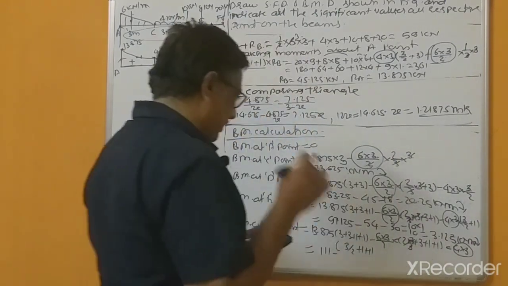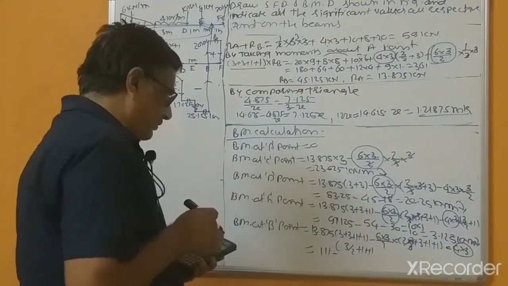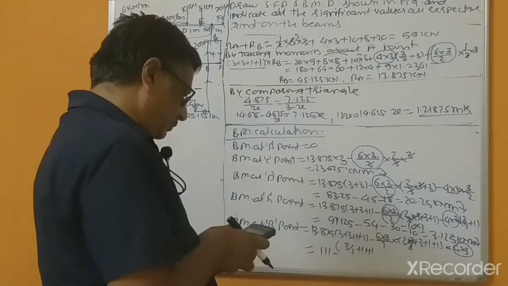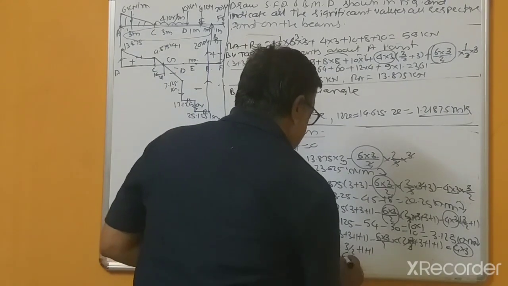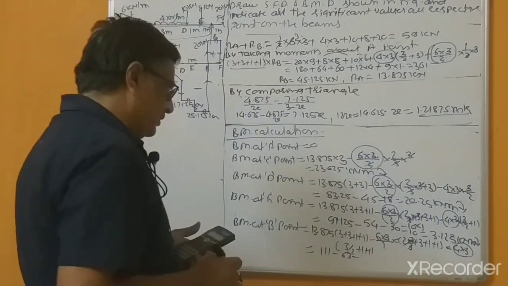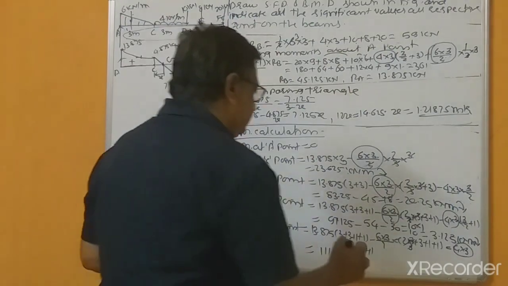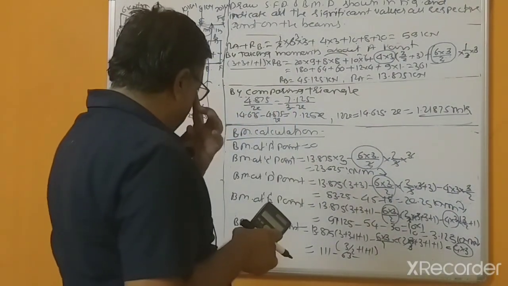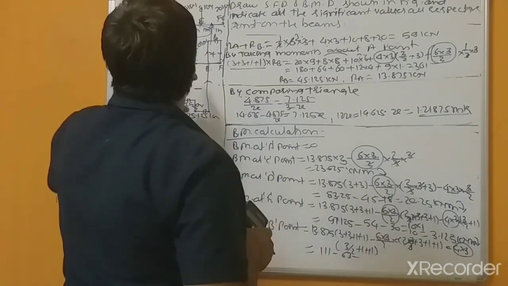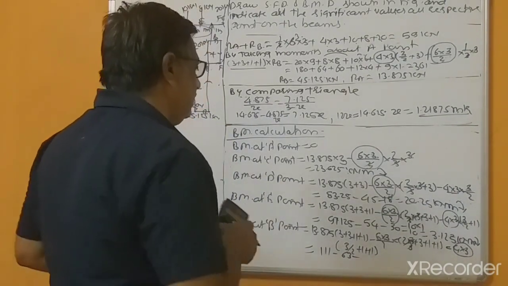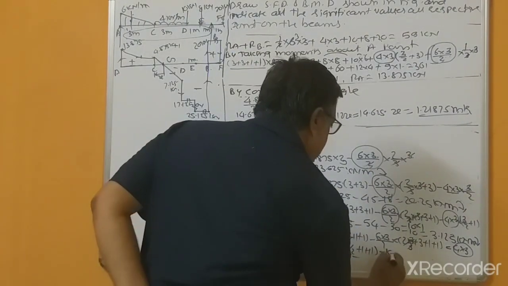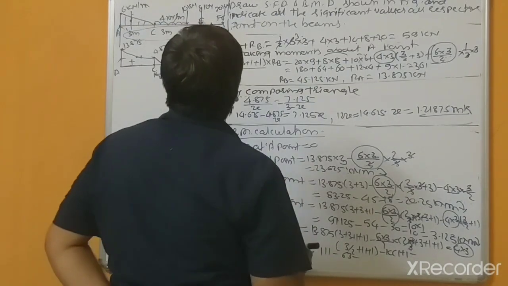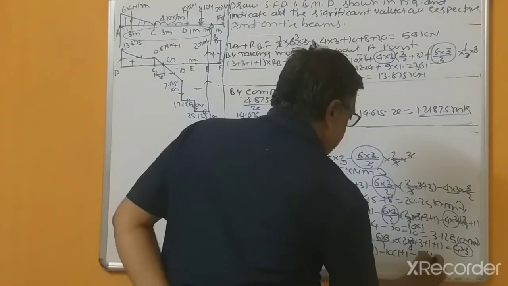So this 3 will get cancelled, 7, 63, minus any remaining 4 into 3, and that is minus 10 into 1 plus 1, minus again 8 into 1.